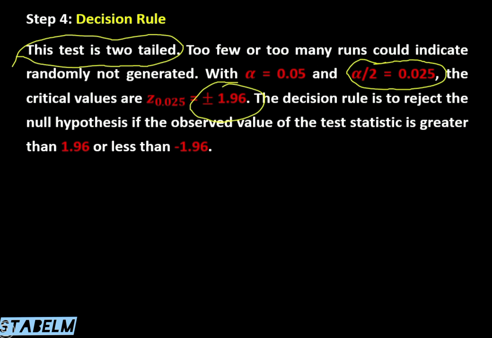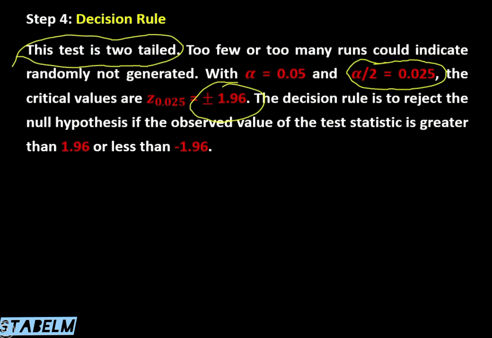If the value of our calculated runs test does not fall between minus 1.96 and plus 1.96, the decision rule is to reject the null hypothesis.